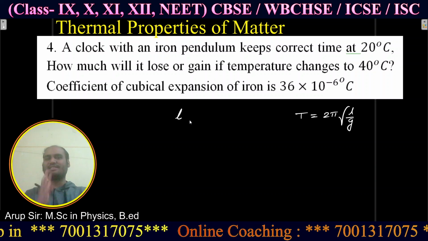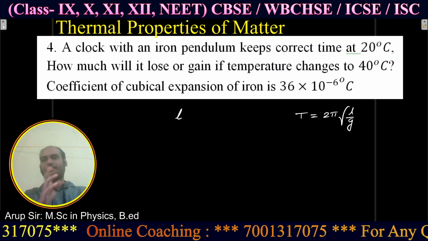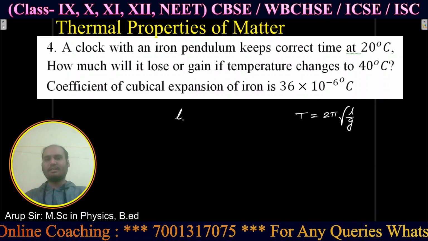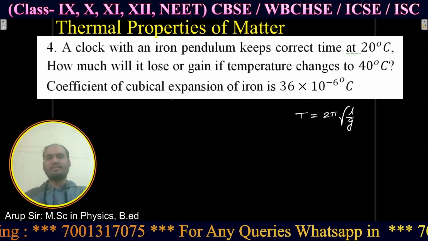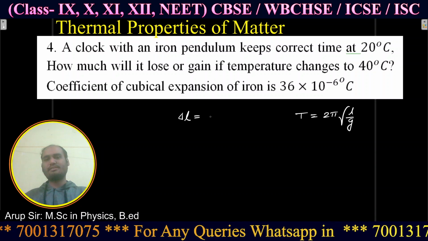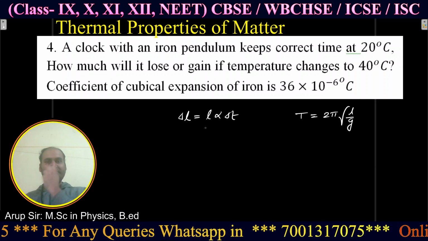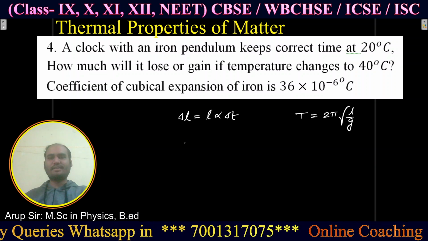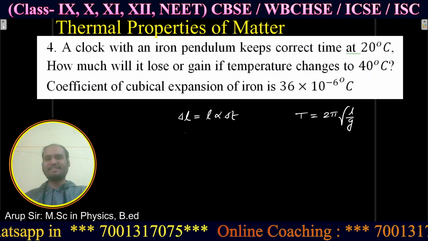Now what will be the change if we change the temperature to 40 degrees centigrade? In that situation the change in length delta L is equal to L alpha delta T. We know this formula already. So we are changing from 20 degrees centigrade to 40 degrees centigrade.